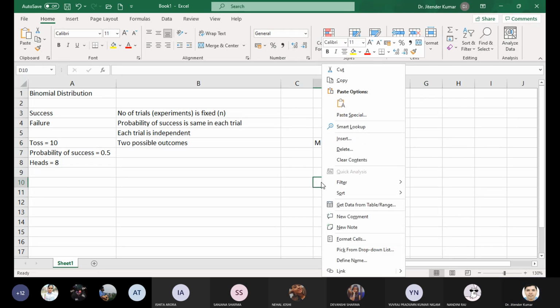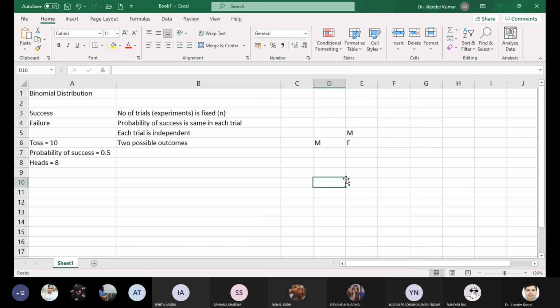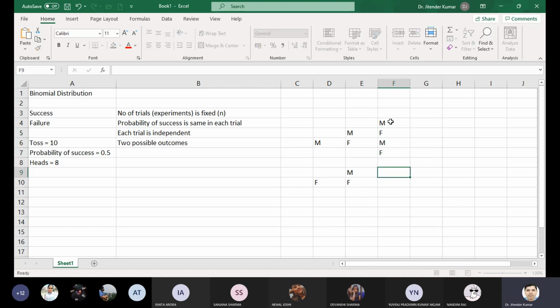Similarly, if the first kid is female, then the second kid may be male, may be female. अच्छा, second kid male आया है, so again 2 possibilities, it can be male, third kid or female. अगर second kid female आया है, तो male, female. Similarly here, it can be male, female, और अगर second kid female है तो male and female.